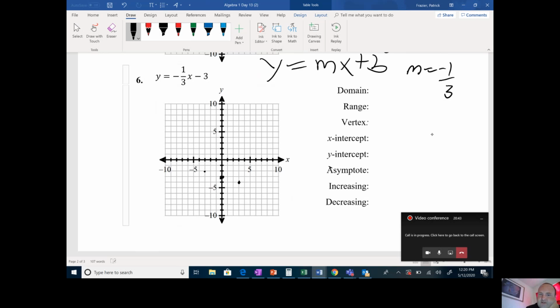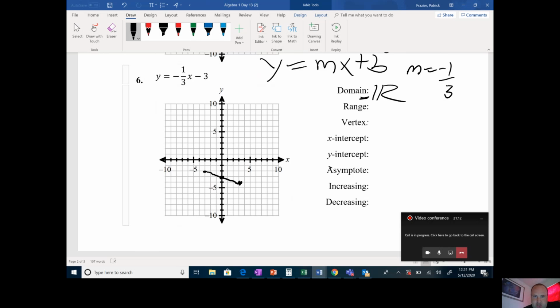I didn't really do a table here, but first of all, as we connect at least 3 of these dots, we note, is there any restriction on what we can put into the x's here? What can go in on the x-axis? No, there's really no restriction, so it's all real numbers once again.